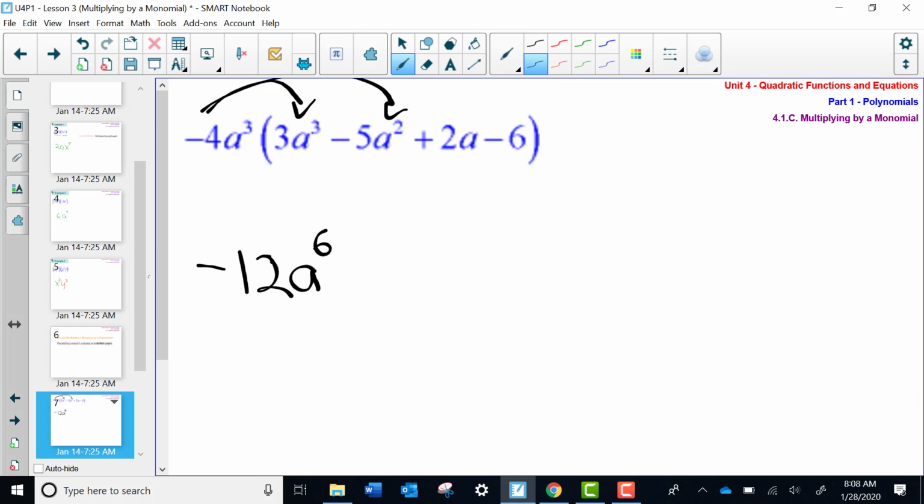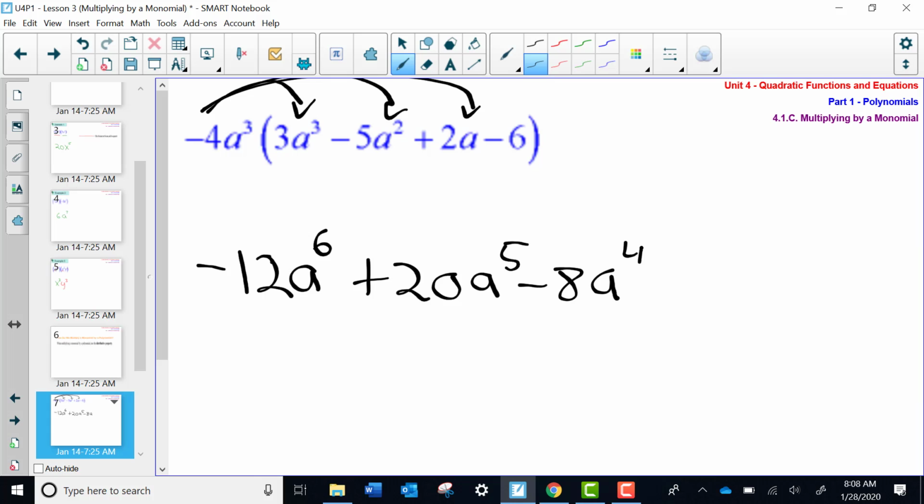Next one, -4a to the third times negative 5a to the second. Misha. Positive 20a to the fifth. Moving right along. Jessica P. Negative 8a to the fourth. And the last one.